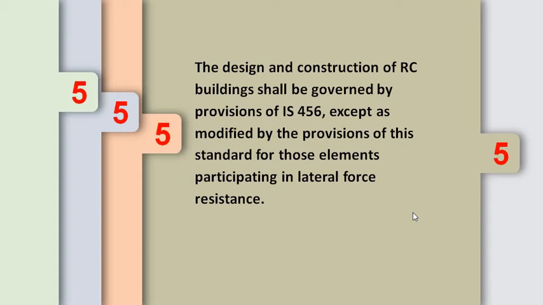That means the design and construction of our building will be governed by IS 456 only, but those elements participating in the lateral force resistance are modified by this standard so that they will meet our ductile requirements.